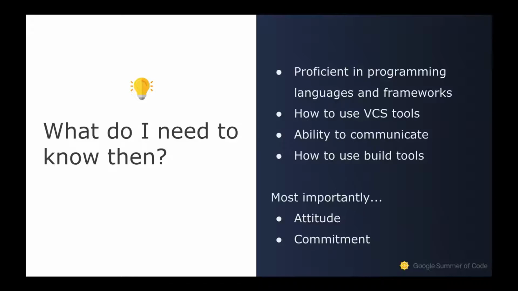And then, what do you need to know? You should know some programming language. As this is a coding program, you should be able to work with any programming language you like, and you should have some knowledge about how to program. And you should be able to use version control systems and tools like GitHub.